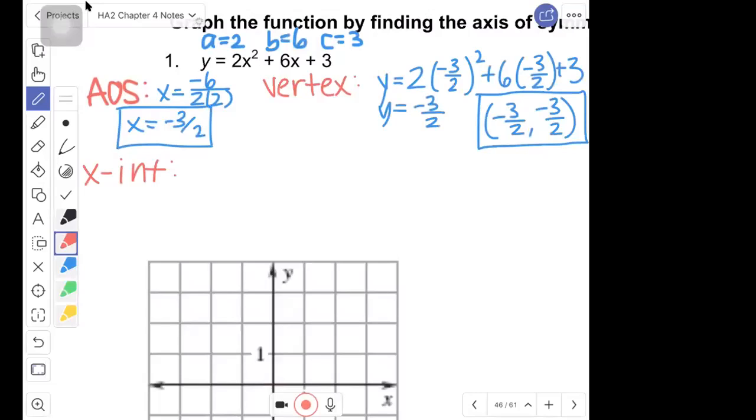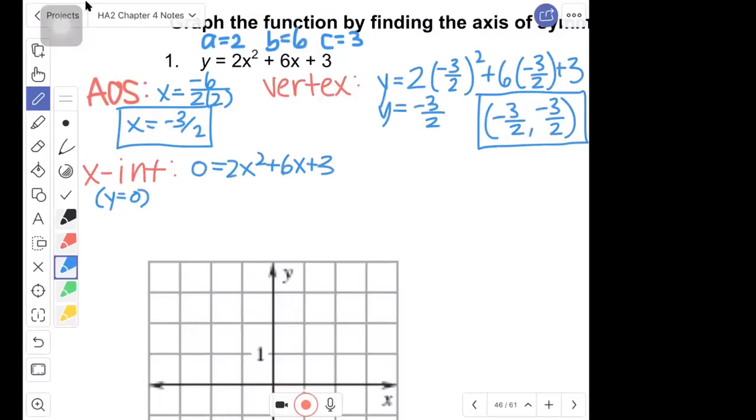Riley, how did you find the x-intercept? I made y equals 0. So I did 0 equals 2x squared plus 6x plus 3. Awesome. And then what did you do after that? I didn't finish it yet, but I think I'll Okay. Let's give everyone another few seconds to finish it.